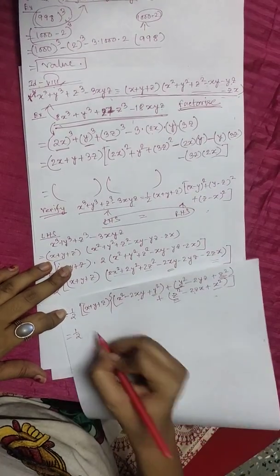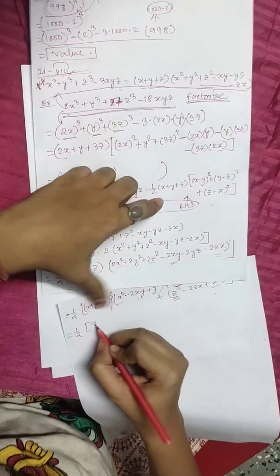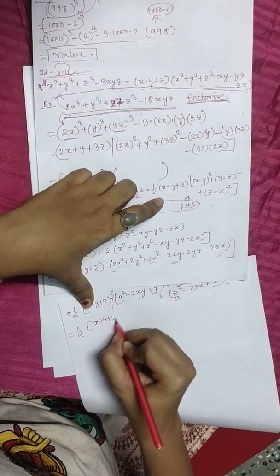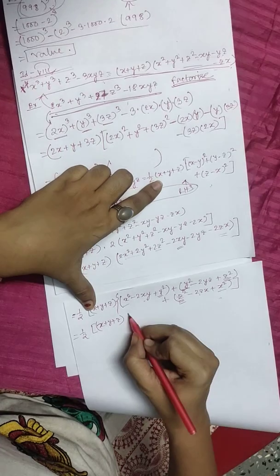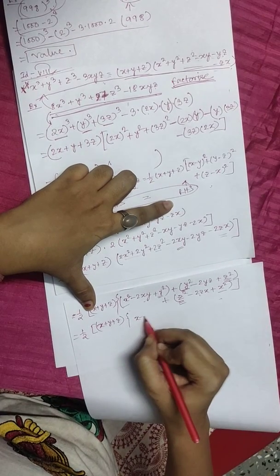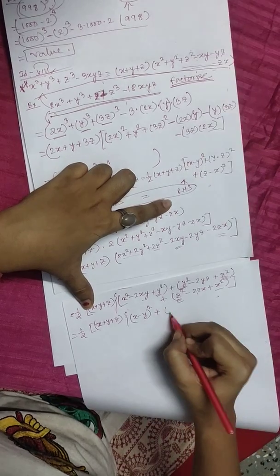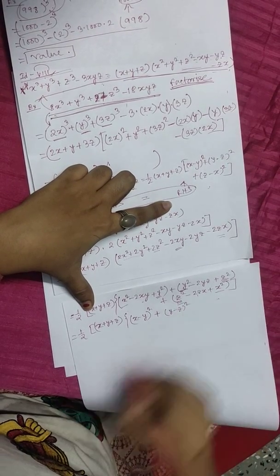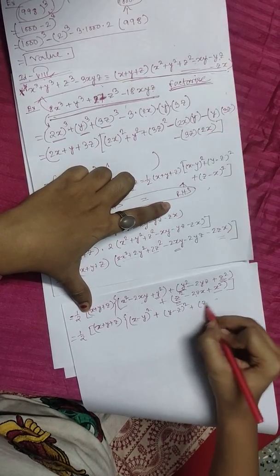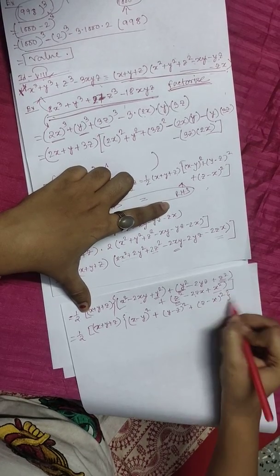Okay, now write it as this: (x plus y plus z) into [(x minus y) whole square plus (y minus z) whole square plus (z minus x) whole square], right?